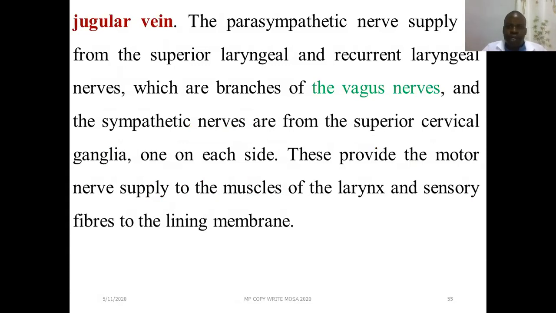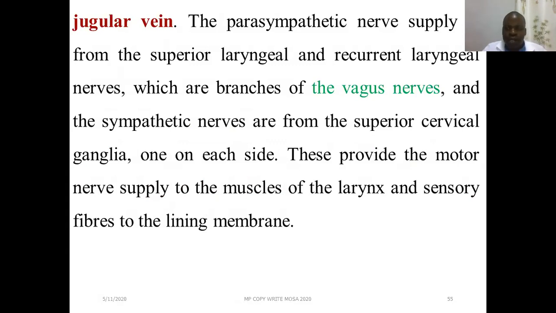The parasympathetic nerve supply is from the superior laryngeal and recurrent laryngeal nerves, which are branches of the vagus nerve, and the sympathetic nerves are from the superior cervical ganglia, one on each side. These provide the motor nerve supply to the muscles of the larynx and sensory fibers to the lining membrane.